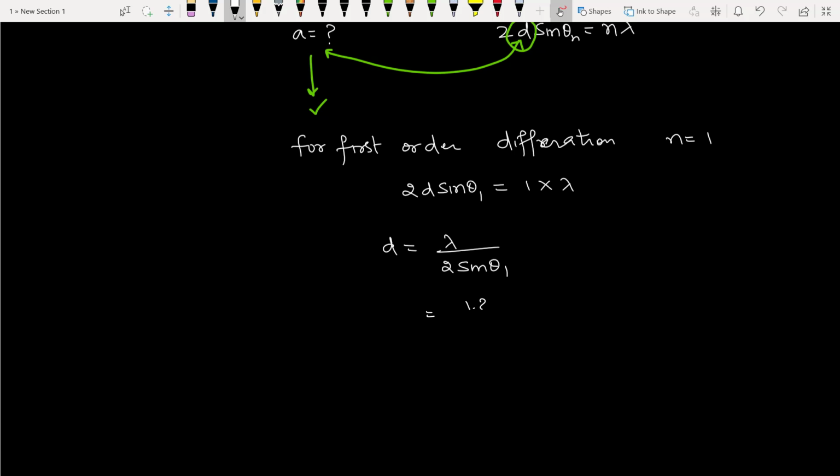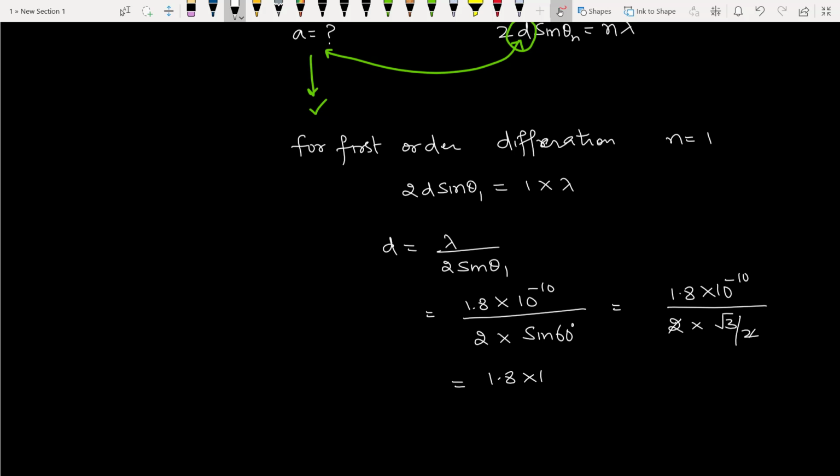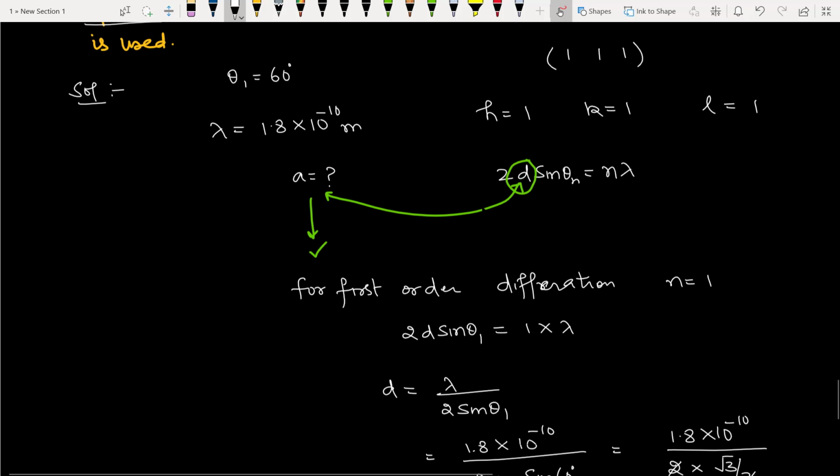Lambda is 1.8 into 10 raised to power minus 10, and 2 sine 60 degree is root 3 by 2 times 2, so it comes out to be 1.8 into 10 raised to power minus 10 divided by root 3 meter. So here we obtained d.